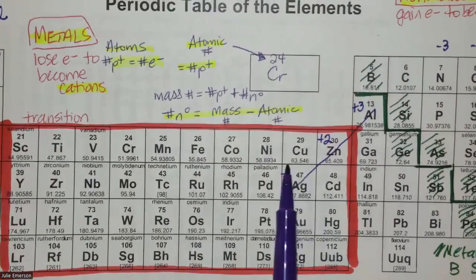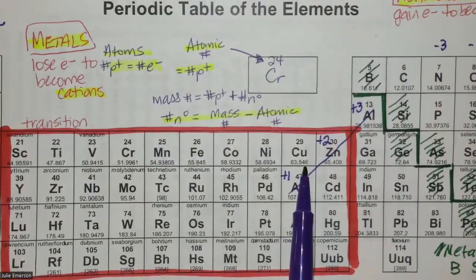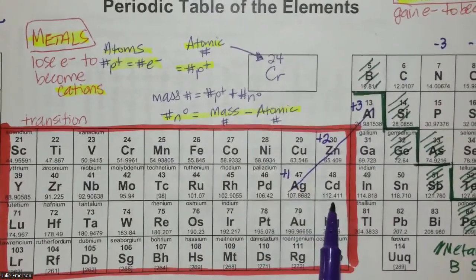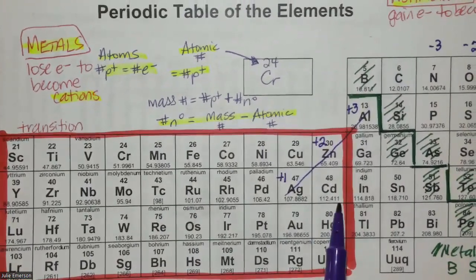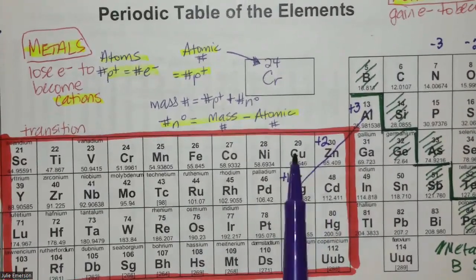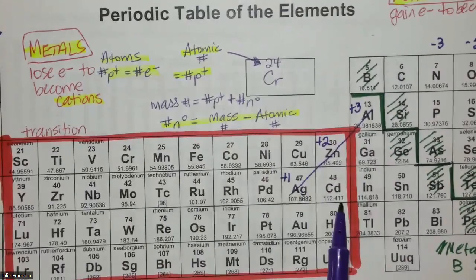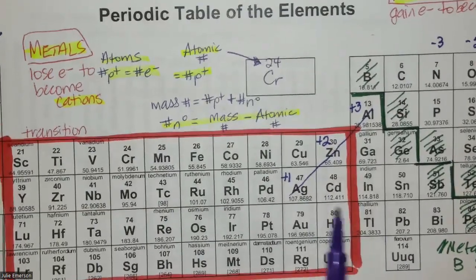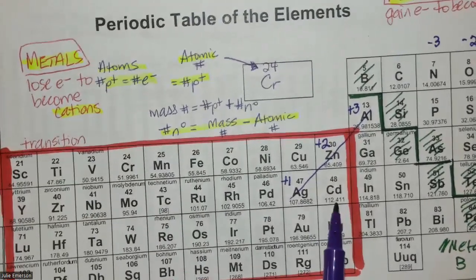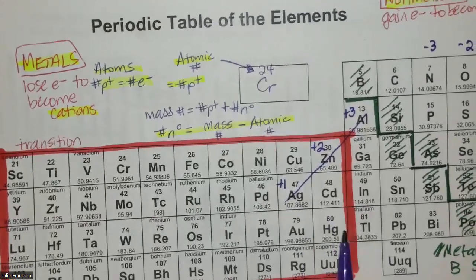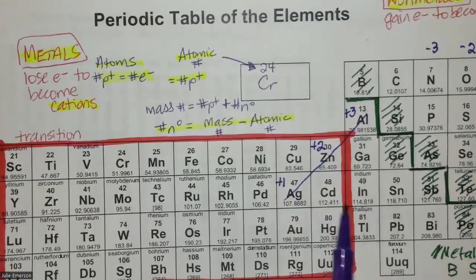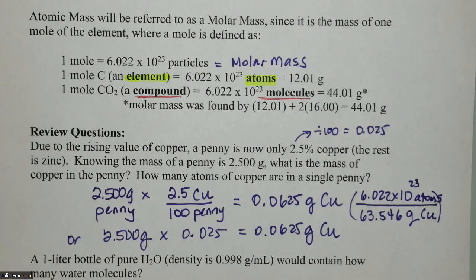So copper, molar mass, 63.546. Cadmium, molar mass, 112.411. Now, same number of particles, 6.022 times 10 to the 23rd. The cadmium is heavier because there's more protons and neutrons, right? So that goes back to the atomic structure. So the 1 mole of cadmium weighs more because there's more subatomic particles.